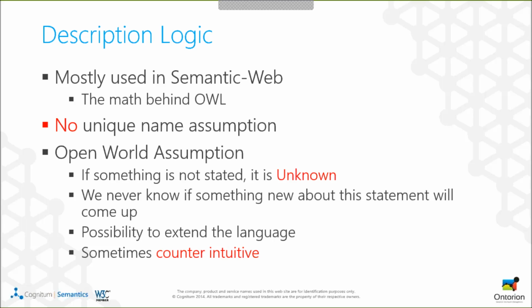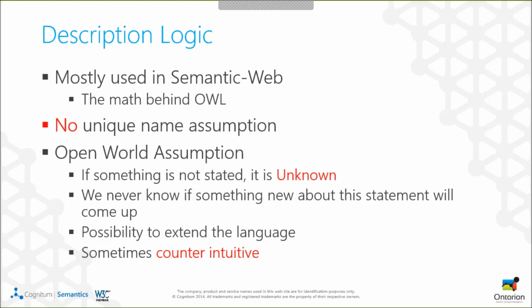if you have this assumption, so that if something is not stated, it is unknown, then you also can extend the things that you are saying, because you have not taken assumptions about the things that you didn't know. And so you can always extend the knowledge, and you will always be sure that everything is reasoned. In reality, this gives a possibility to extend the knowledge without problems in reasoning.